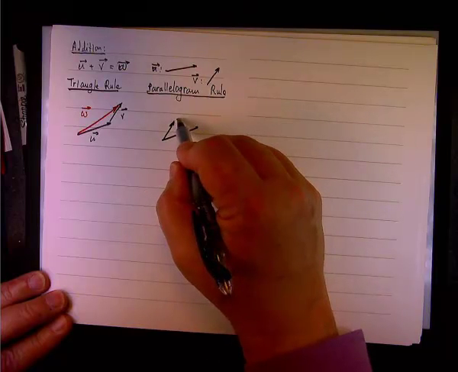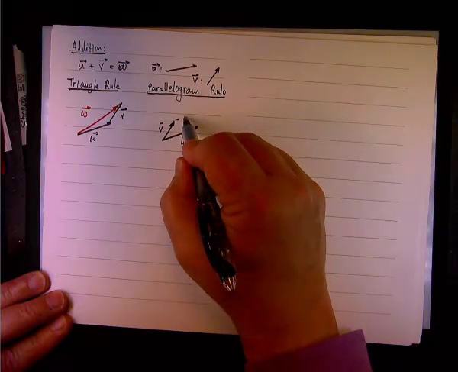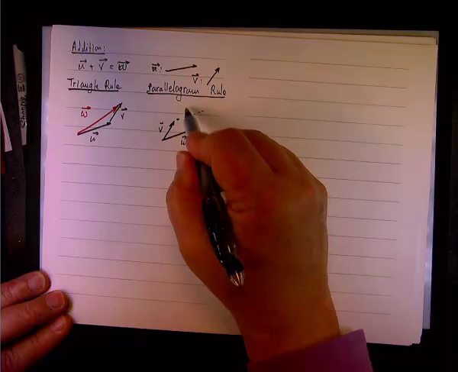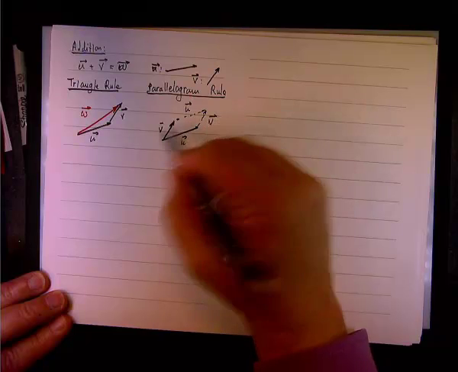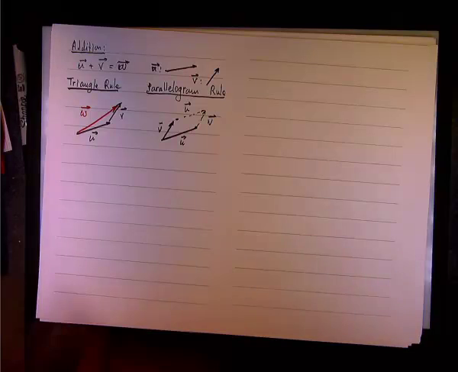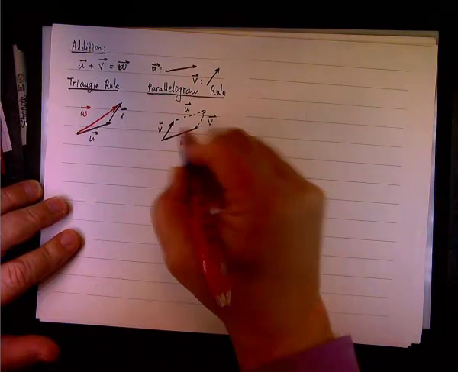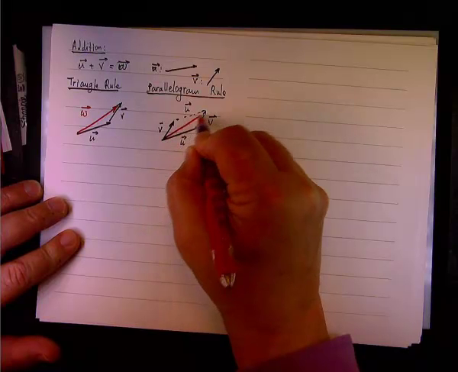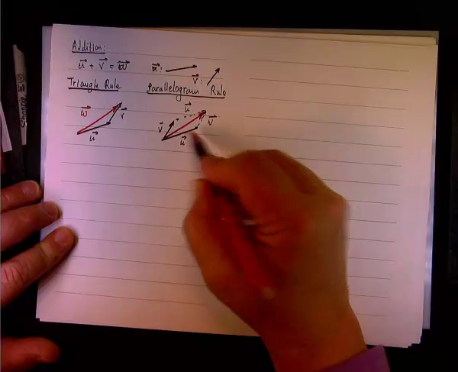And we draw another vector u parallel to the original vector, and we close the parallelogram by drawing a vector v parallel to the original vector v. The result here on the parallelogram is simply the diagonal.